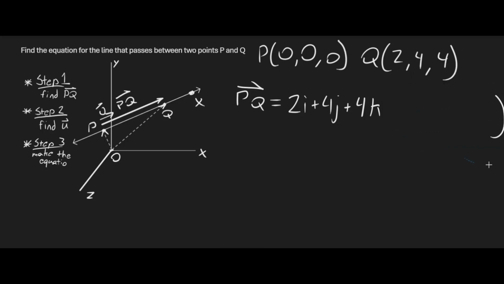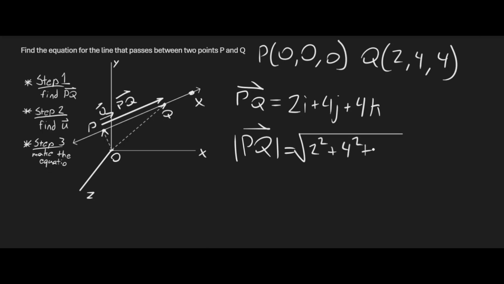The next step we need to do is to find the magnitude. The magnitude of PQ is going to be the square root of all of its components squared. So 2 squared plus 4 squared plus 4 squared, or the square root of 4 plus 16 plus 16.